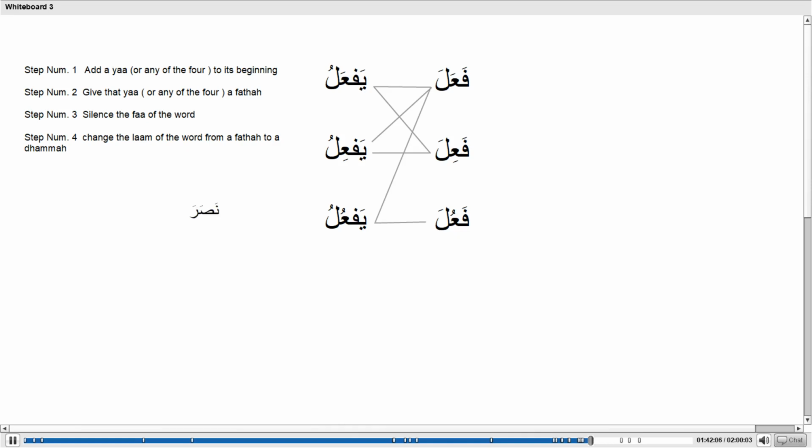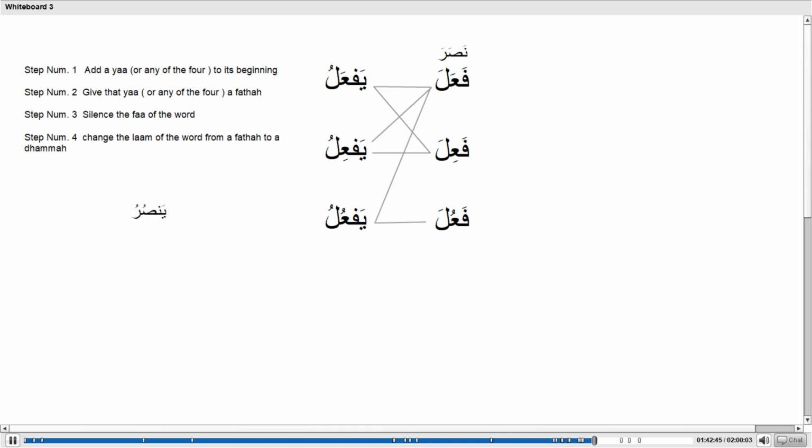So nasara, the mudari' of nasara is yansuru. The mudari' of nasara is yansuru.